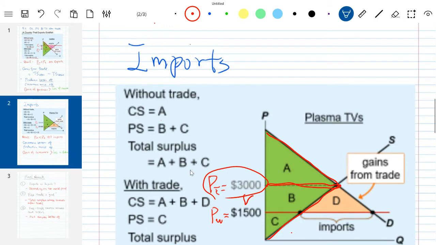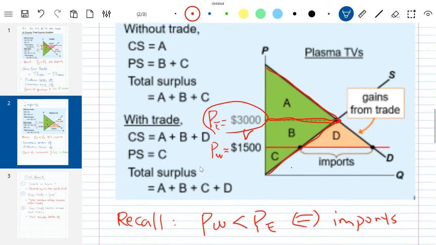And what would happen after this country decided to do imports? So first of all, we note that the equilibrium price of plasma TV would decrease from $3,000 to $1,500.